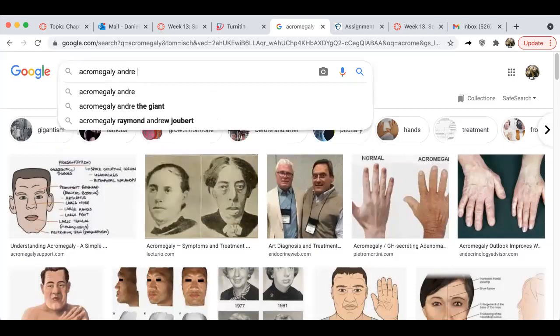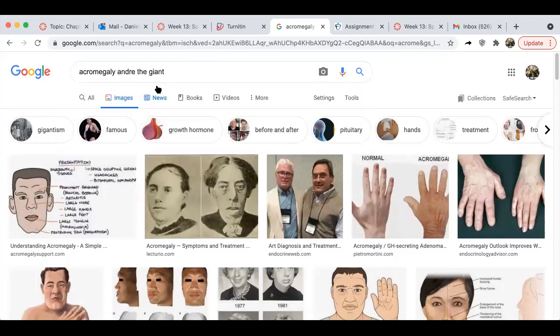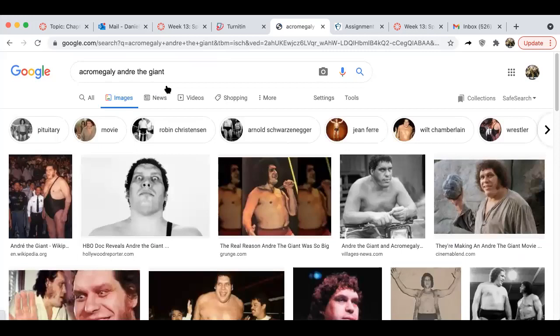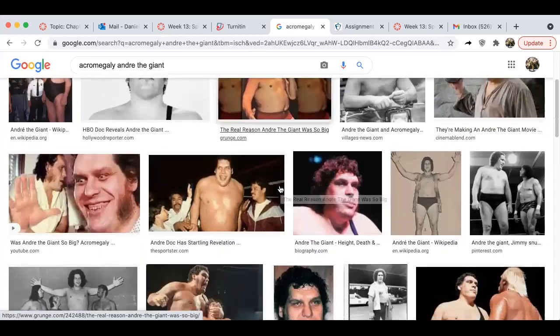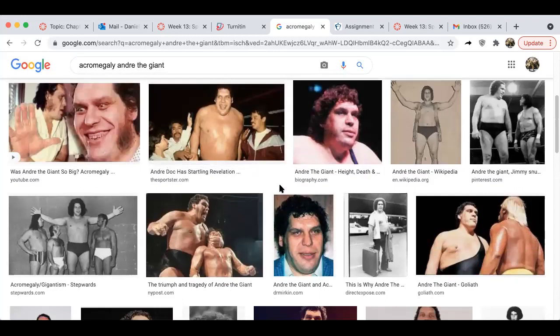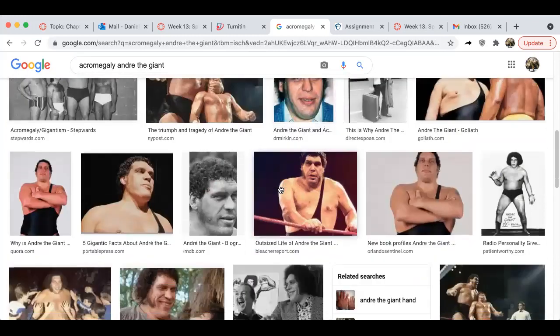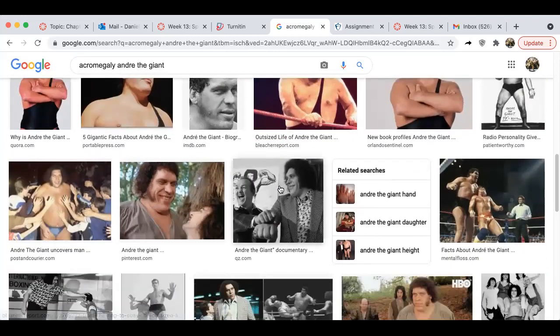But there are procedures to stop this. They can actually go in if they detect the tumor and take it out, which will stop the growth hormone excess. One such person with acromegaly was Andre the Giant, the famous wrestler of the 80s.